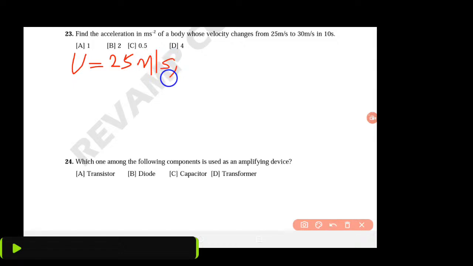We have a final velocity v equal to 30 meter per second. And this change in velocity occurs in time t equal to 10 seconds, and we have to find the acceleration of the body.